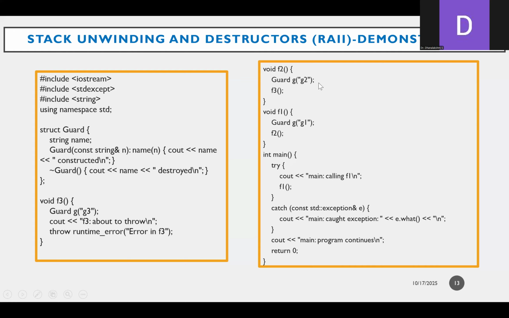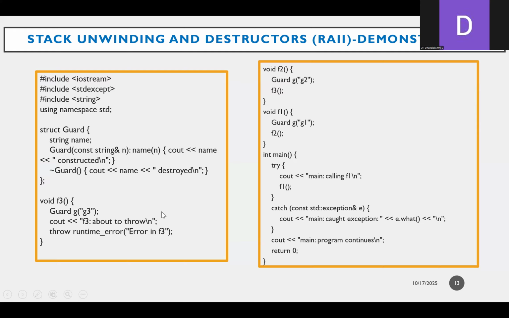When F2 is called, what it will print is "G2 is constructed". Here again it calls F3. When it's calling F3, this guard G3 runs and it will print "G3 is constructed".